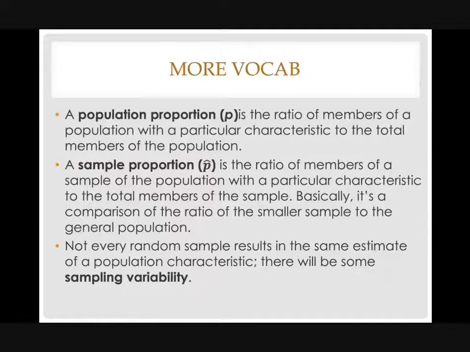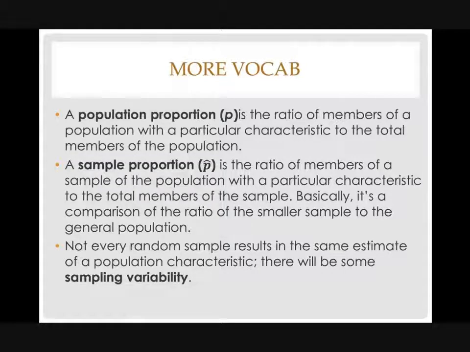Okay, so now a population proportion. It is the ratio of members of a population with a particular characteristic to the total members of the population. A sample proportion, or p-hat, is the ratio of members of a sample of the population with a particular characteristic to the total members of the sample.